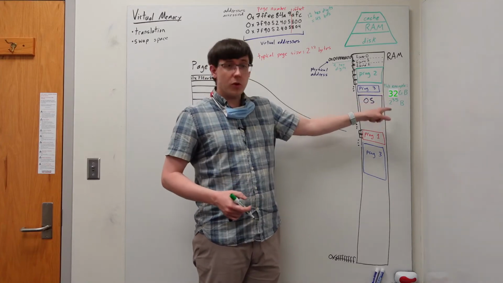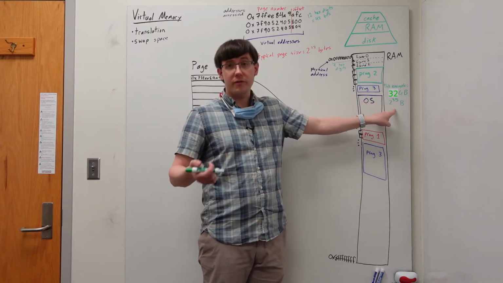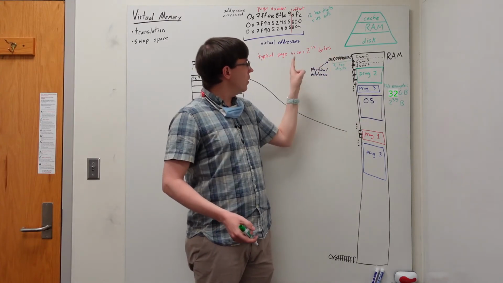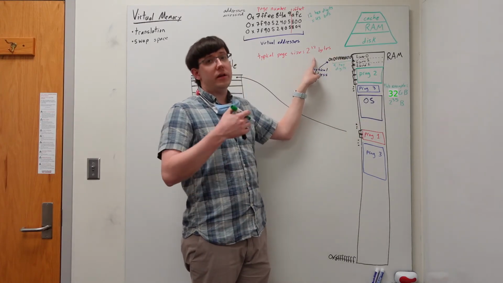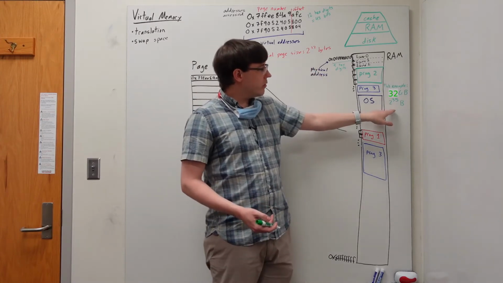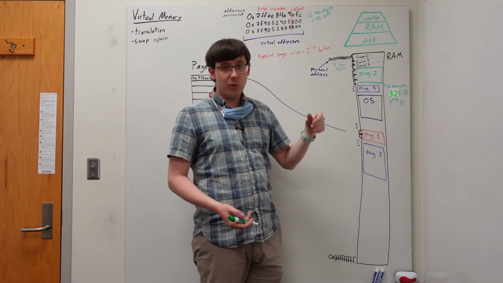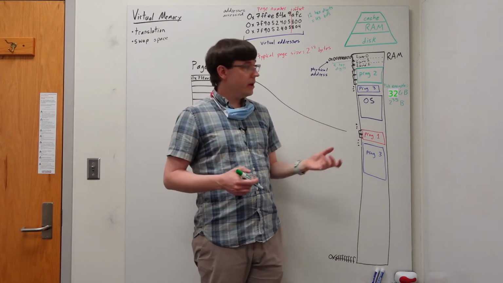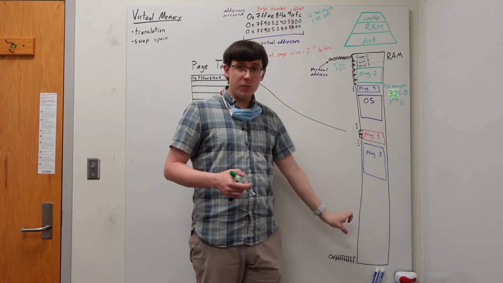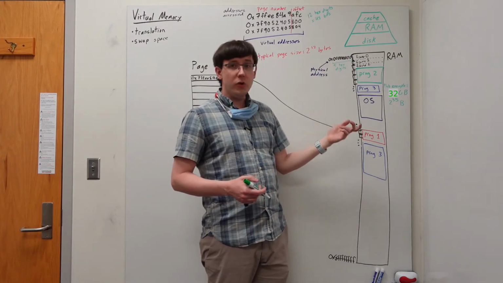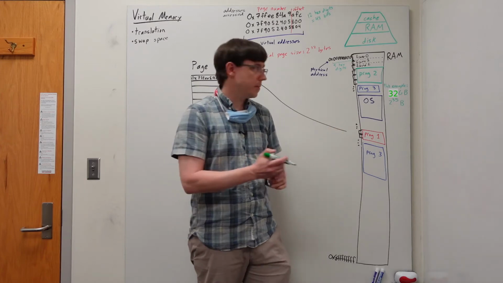16 gigabytes corresponds to 2 to the 35 bytes. So if we break up RAM into 2 to the 12 byte chunks, then we will have 2 to the 35 over 2 to the 12 separate chunks. So the number of frames when we split up the RAM will be 2 to the 23rd.